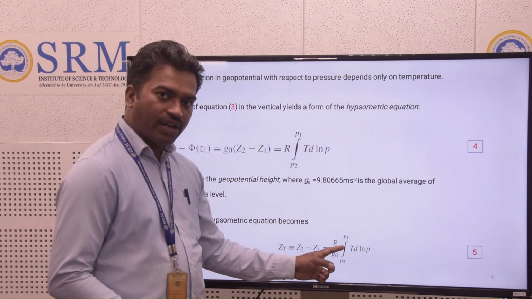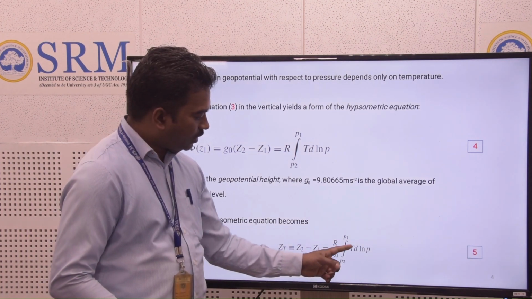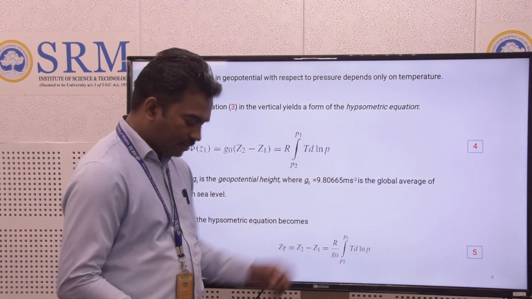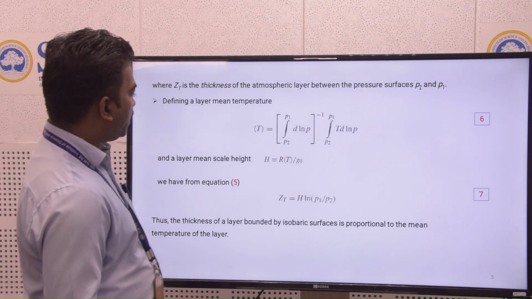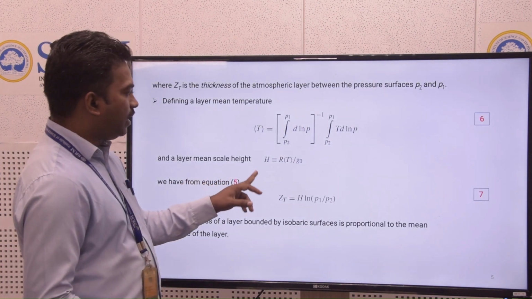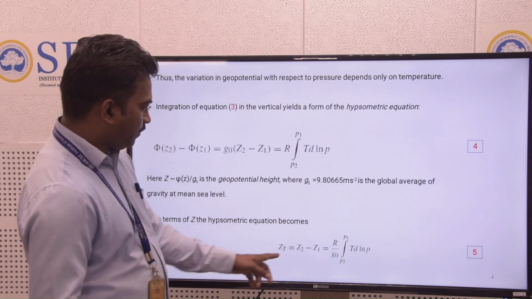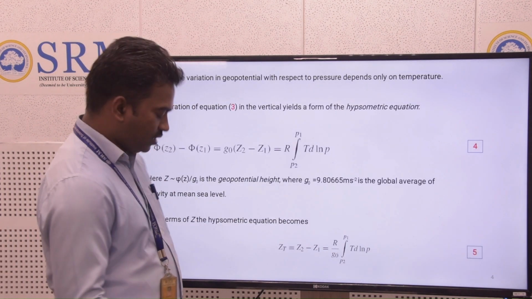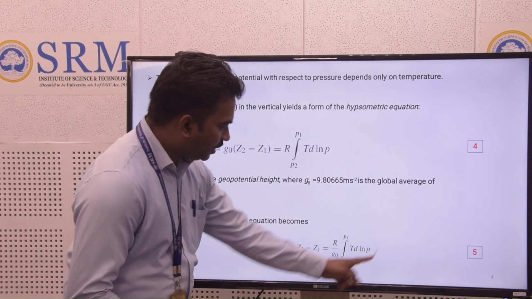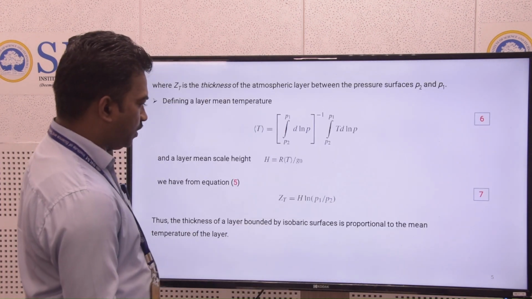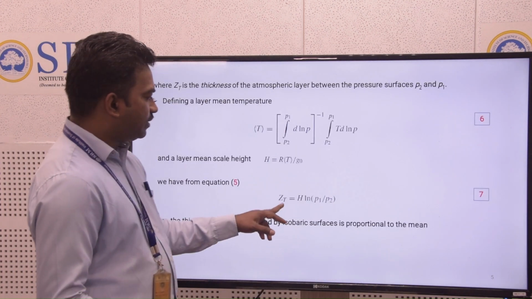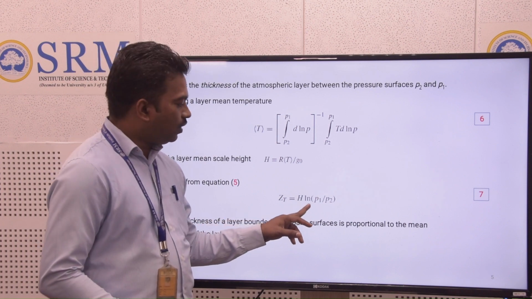From equation 5 you can write RT by g naught, and you take it as H. H is nothing but the layer mean scale height. After performing the integration of the right hand side, you can write Zt is equal to H log P1 by P2.